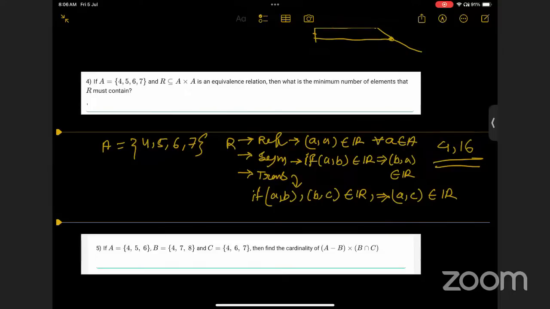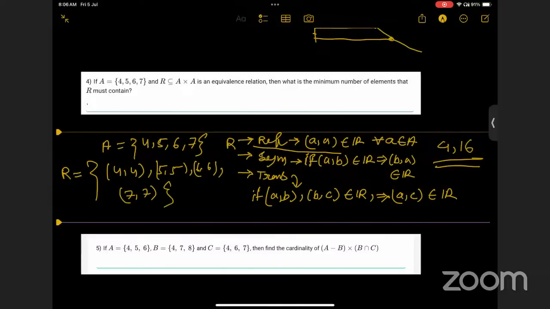So if R is an equivalence relation, then R has to be reflexive, right? So the mandatory elements are (4, 4), (5, 5), (6, 6), and (7, 7). Now if we check the symmetry condition and the transitive condition, here we only have the tuples (4, 4), (5, 5).